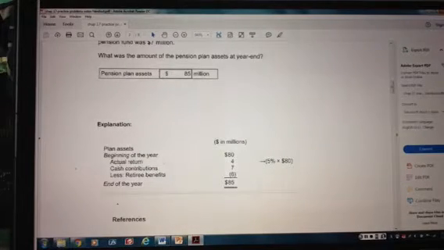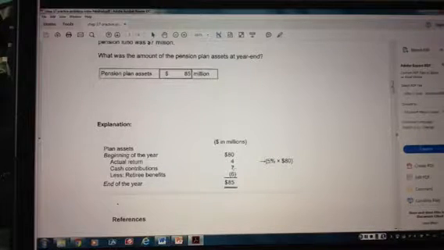Well, the beginning plan assets was given, and here we calculated the actual return, which happened to be the same as the interest cost. That's just a coincidence because the factors were completely different. To get the interest cost, you took the beginning PBO times the discount rate.